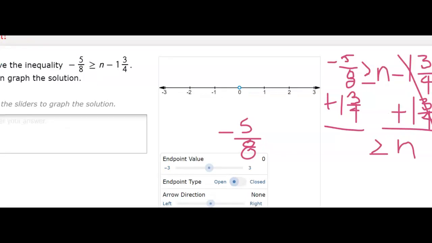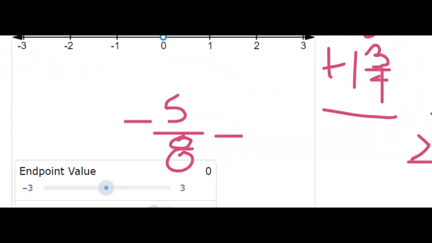And so this is going to be adding, and then we have 1 3/4. So 4 times 1 is 4 plus 3 is 7. So that would be 7 over 4. And again, I need to make that be the same denominator. So I'm going to multiply that by 2.